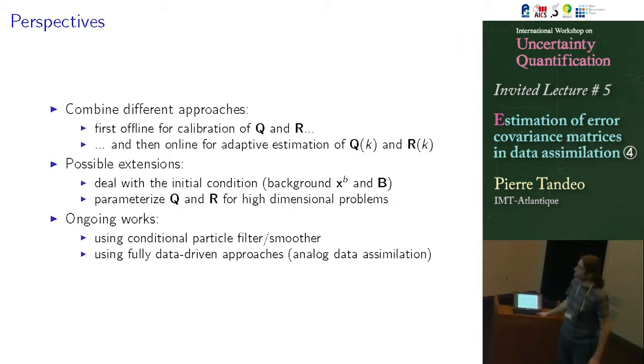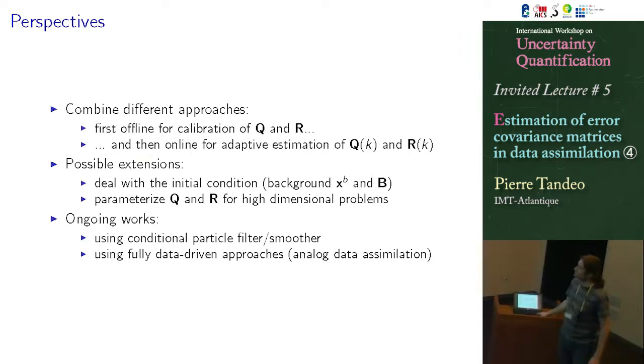A possible extension, which I mentioned for the EM algorithm, is that we can estimate the initial condition. This is the background in data assimilation, the X at time 0, the state of the system at the first time, and it is very easy to incorporate this information and try to estimate it, for instance in the EM algorithm.